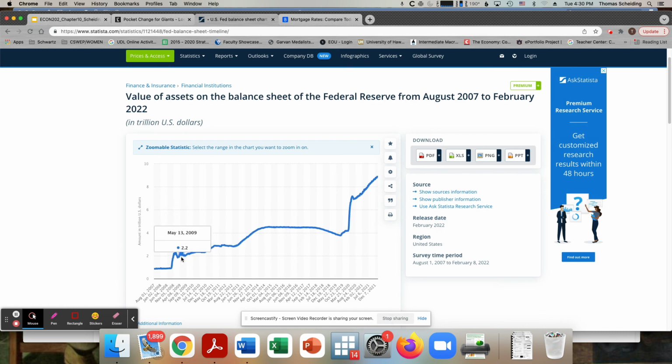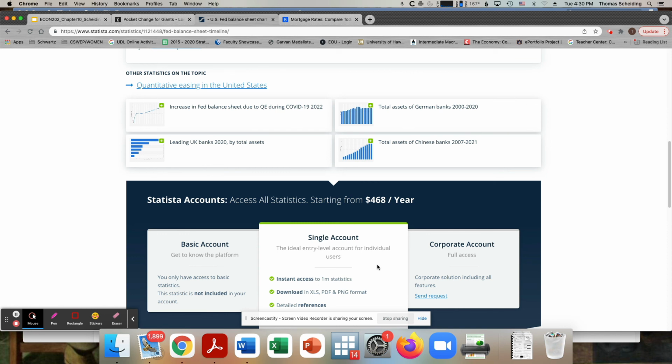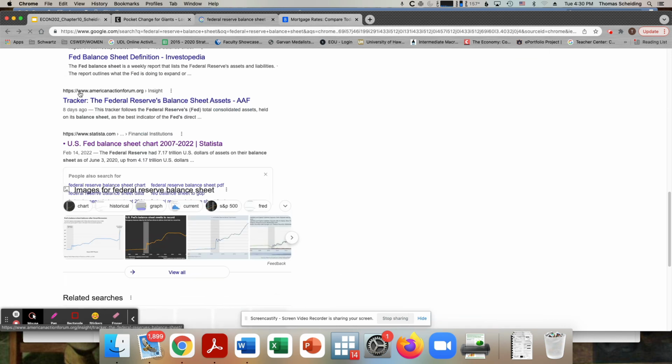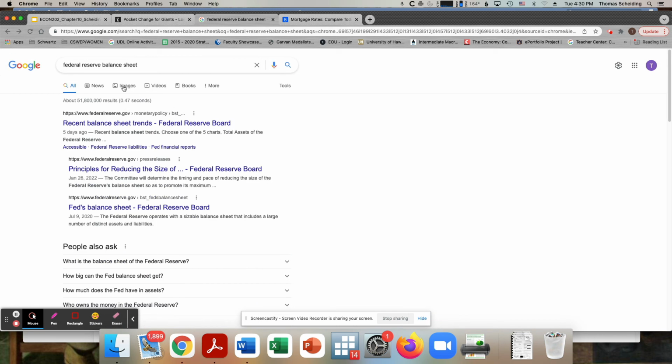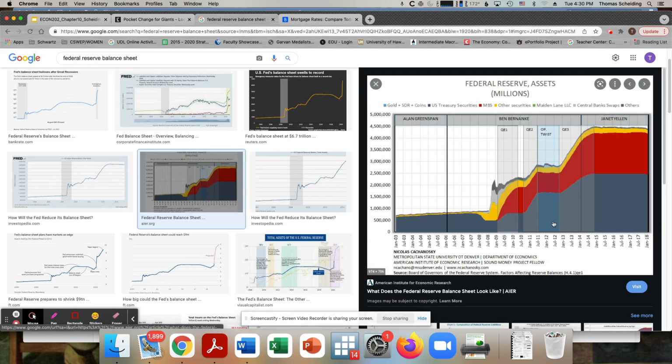I mean, you can kind of see here that the amount is growing, but also, let's look at it by images. It's becoming more colorful, and I'm not checking this site here, but you can see that the addition of additional colors means that the Federal Reserve is buying things other than U.S. government debt. It's buying other things as well.